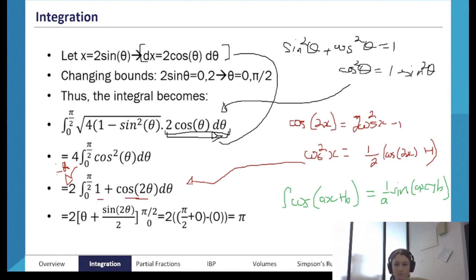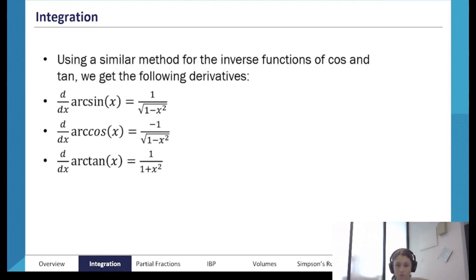So, now we are going to get onto the derivatives and integrals of arc sine, arc cos, and arc tan.